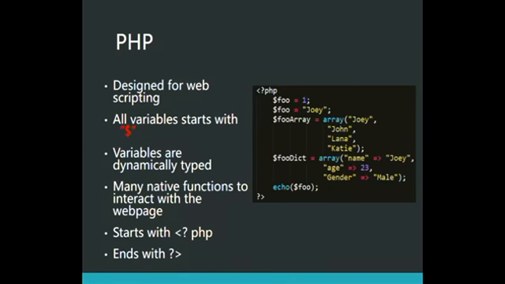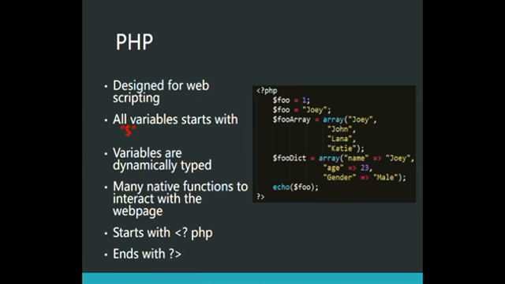So for PHP, it's designed for web development, so it comes with a lot of native functions you can use, which is pretty straightforward. All variables in PHP start with the $ sign. Here, $foo equals 1. The variables are also dynamically typed, so they can be changed at any time to anything.